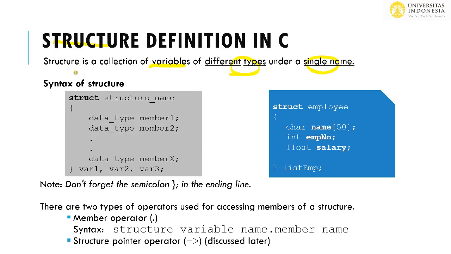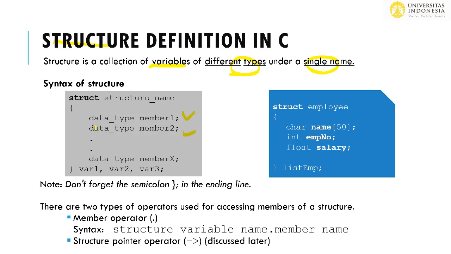So structures may contain variables of many different data types. In contrast to arrays, which contain only elements of the same data type, a structure can contain many types, right? So we are looking at a new kind or format of data processing in C programming.